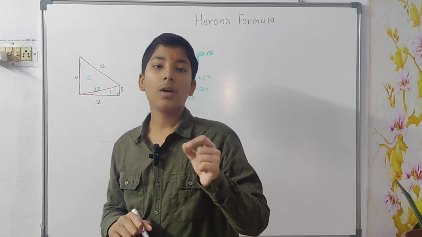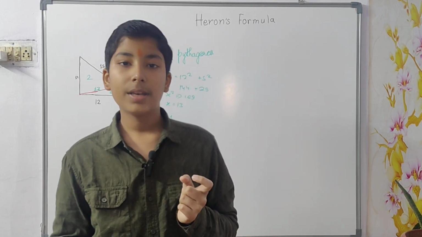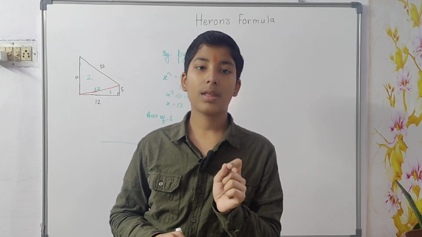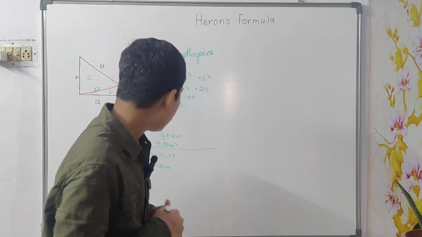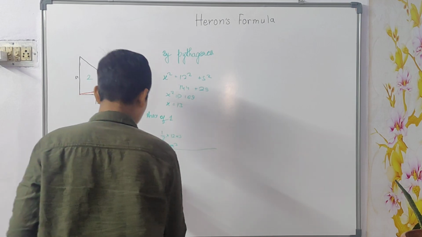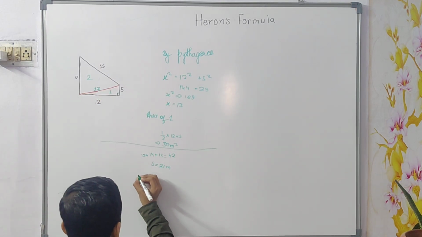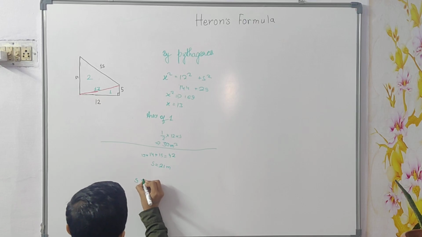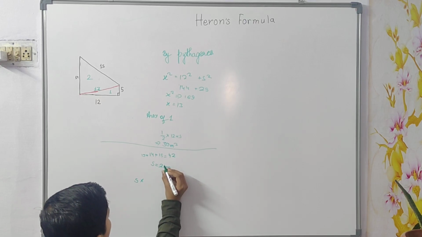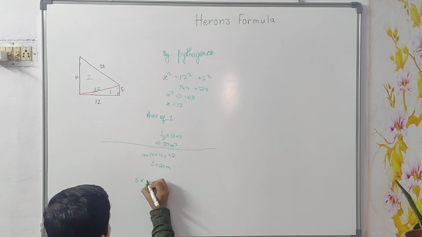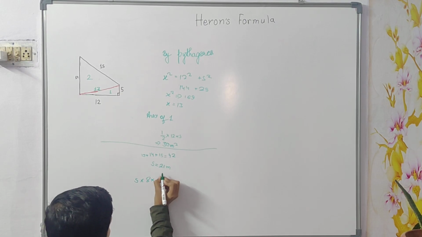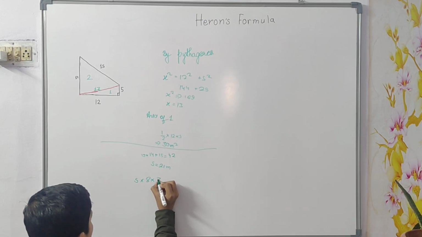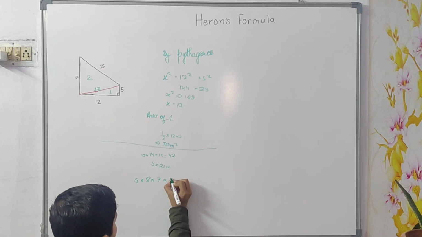Now we know Heron's formula is the root of S into S minus A into S minus B into S minus C. So, S into, what is S minus A? 21 minus 13, hence 8. 21 minus 14, 7. 21 minus 15, 6.